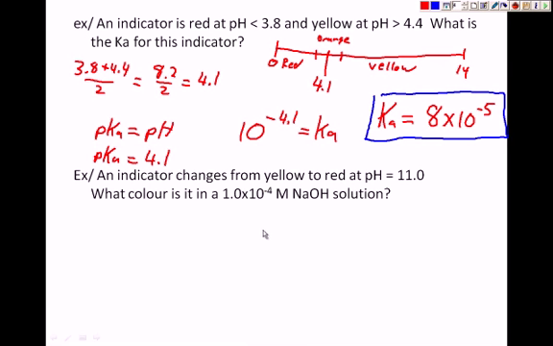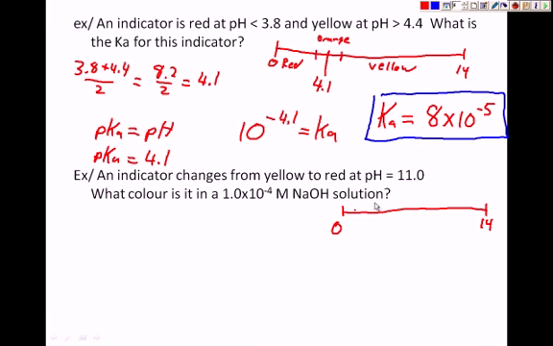Okay. Now here's another question. It says, an indicator changes from yellow to red at pH 11.0. What color is it at 1.0 times 10 to the minus 4? Again, I'm going to draw a little graph here. Here's 14. Here's 0.